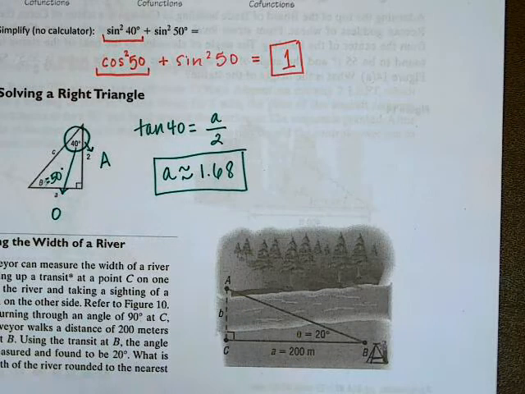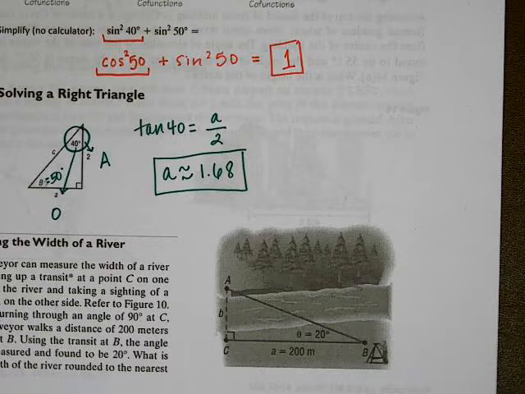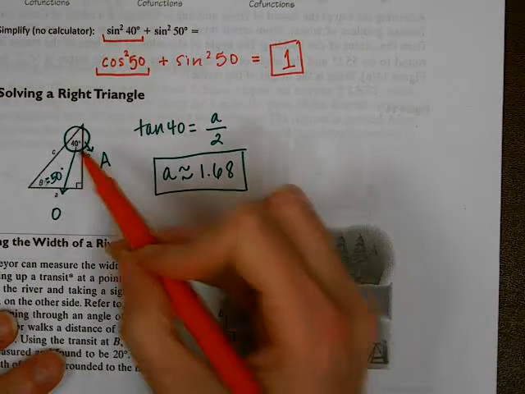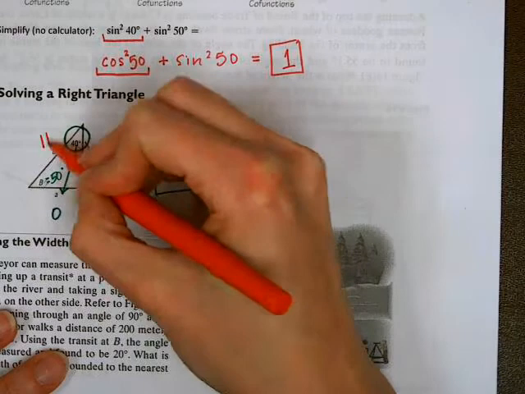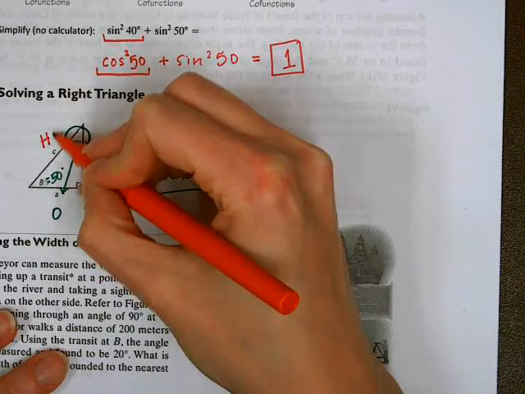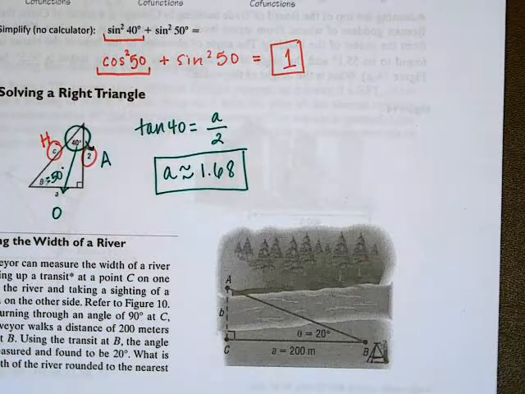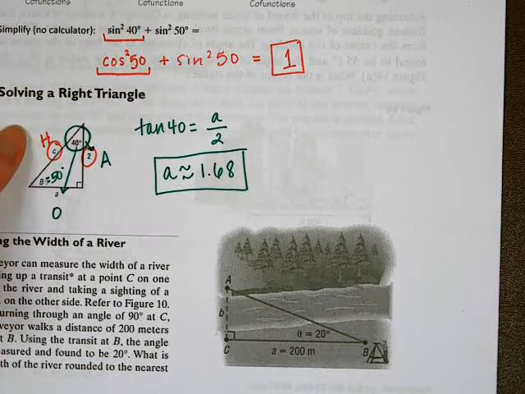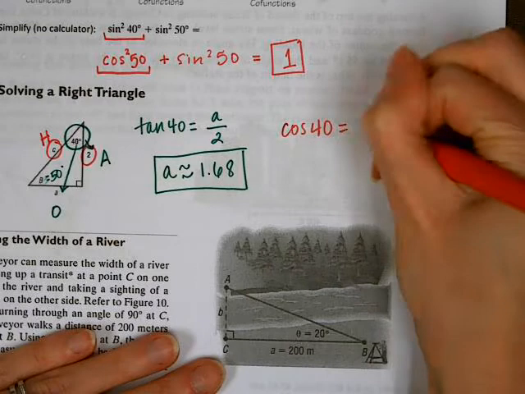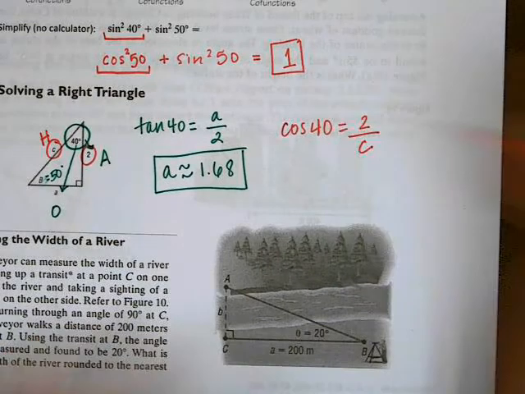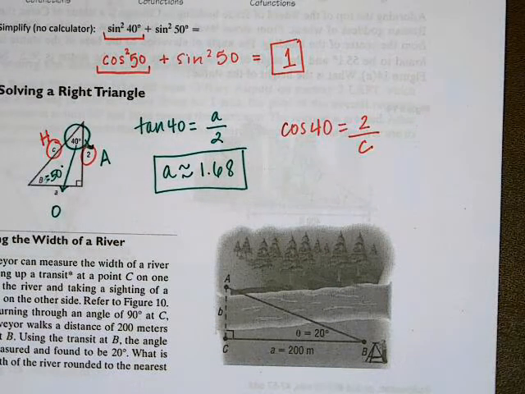All right, now we're going to jump into side C. Using the 40 again, for side C we have the hypotenuse and an adjacent. When we have adjacent and hypotenuse, I'm going to use cosine. So cosine 40 equals 2 over C. Then you cross multiply.